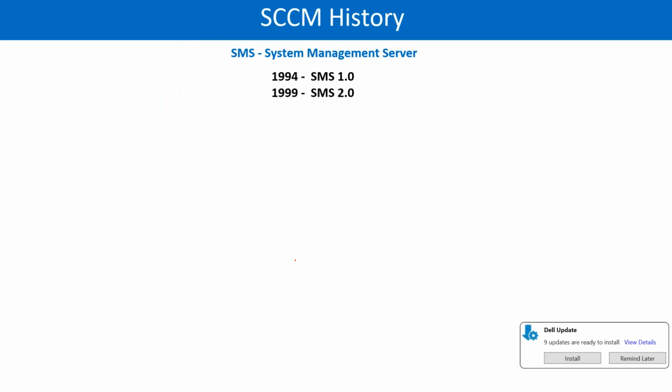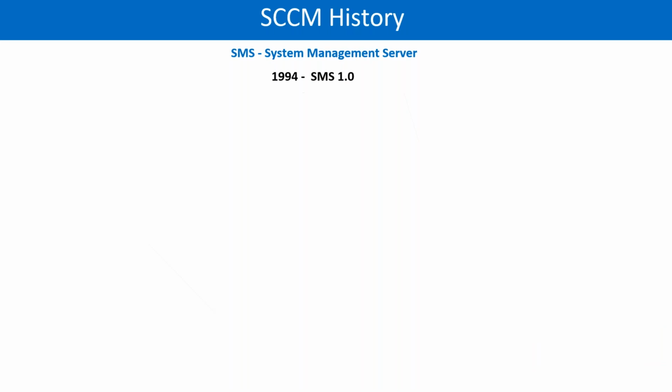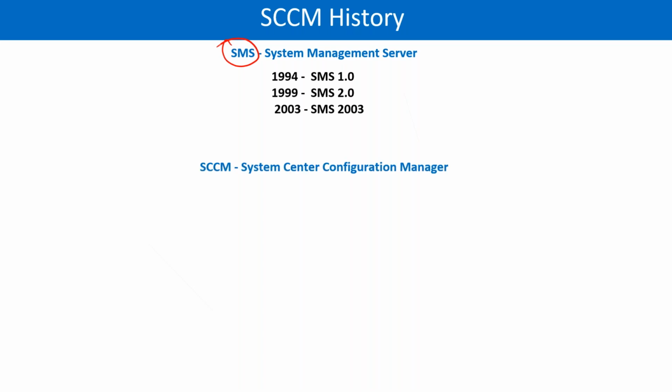Now we'll talk about the SCCM historical background: when this product started and what the name of this product was. This product started in 1994, and the name of the product was SMS, System Management Server. That's the old name of SCCM. In 1999, SMS 2.0 was released. In 2003, SMS 2003 was released.